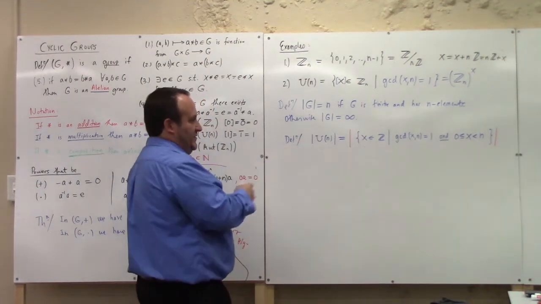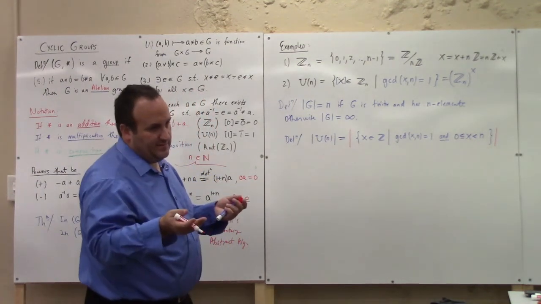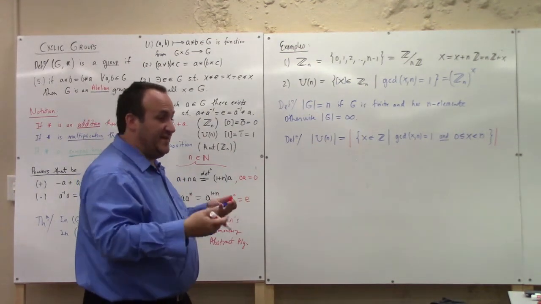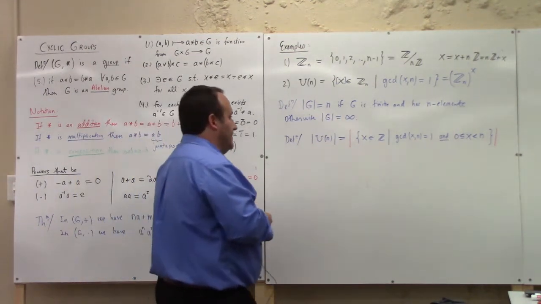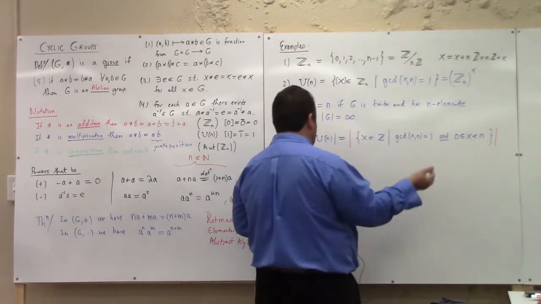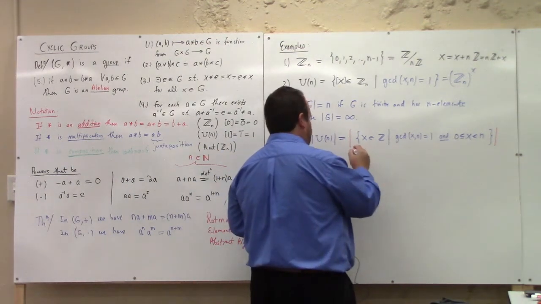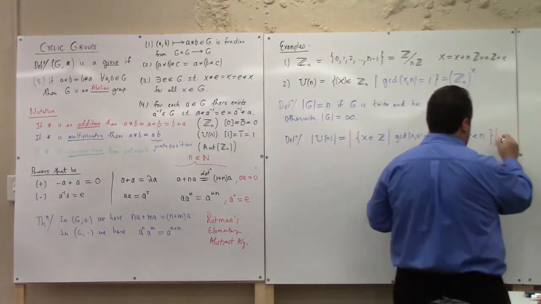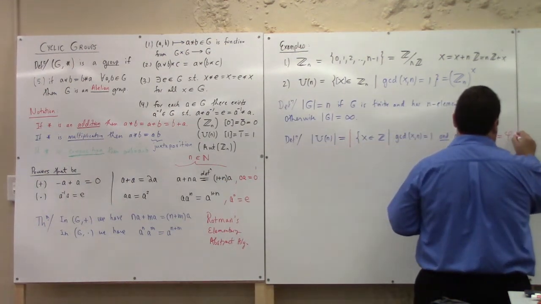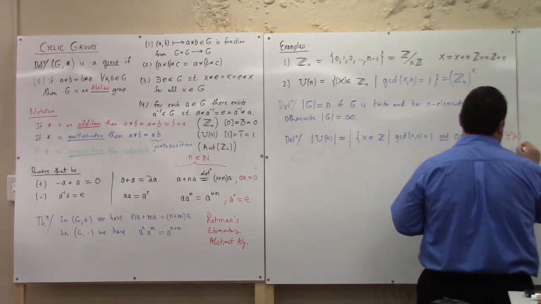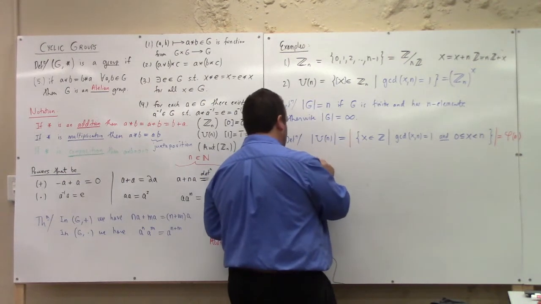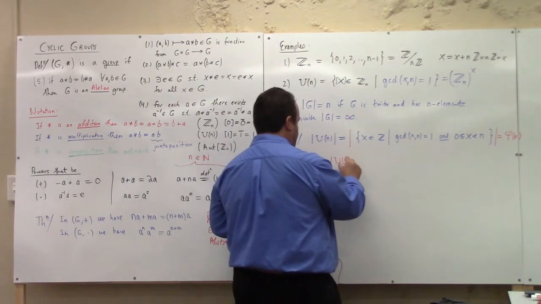This set that I put there, that's not technically UN. That's a set of integers. So that's a set of representatives for UN, sure. But of course, this has a name. This is called phi of n, the order of UN.